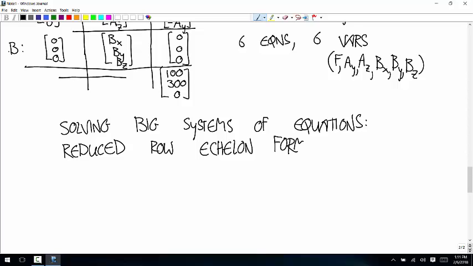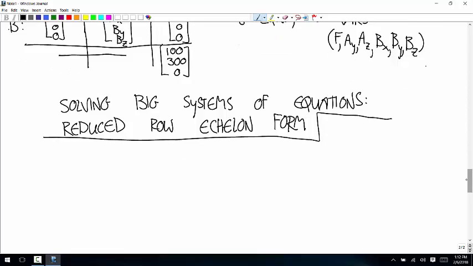And this is the best way to do it because all of your calculators do this. At some point, you'll take a class in numerical analysis or something where you'll learn mathematically how this works. For now, we don't care about that. It's just a way to enter it into your calculator and have this system solved for you.